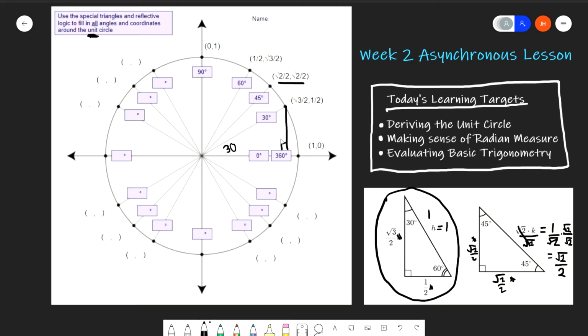So what we're going to do now is start off with understanding what all these angles are around the unit circle. All right. The way I want to start off is notice a circle is 360 degrees, right? This line here on the positive x-axis is where we start, remember? And it goes around the circle.